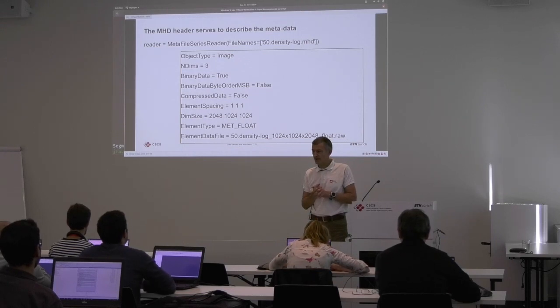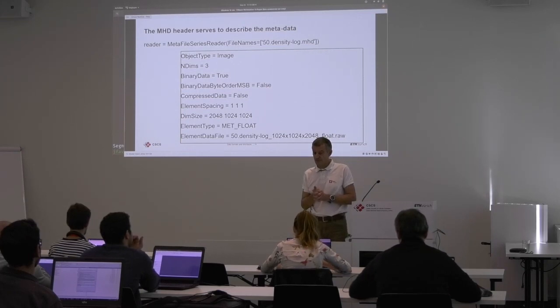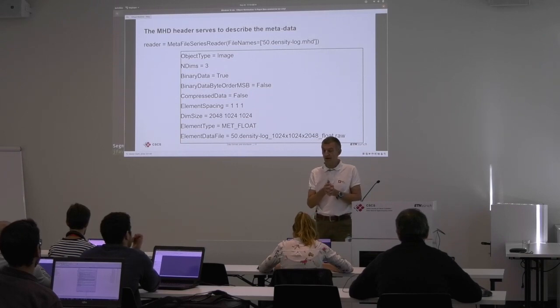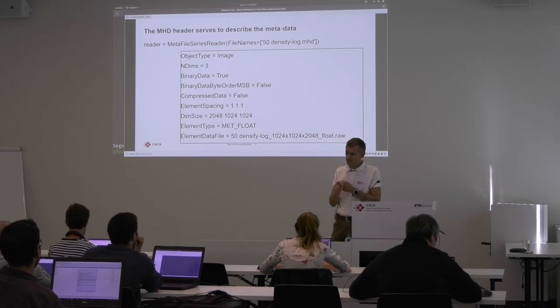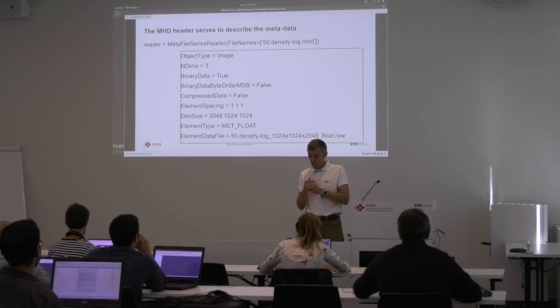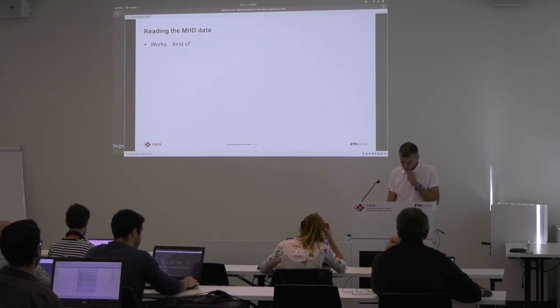So the first question you should ask yourself is, should I invent my own data format, or should I try to use a data format that is already supported by ParaView? If it is supported by ParaView, chances are there is a parallel implementation for it as well. So I can do big and I can do small data. This would be the first reflex to have. Make sure you try to see if your data can fit into an existing format.